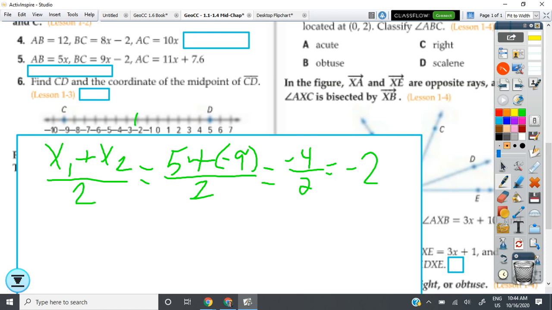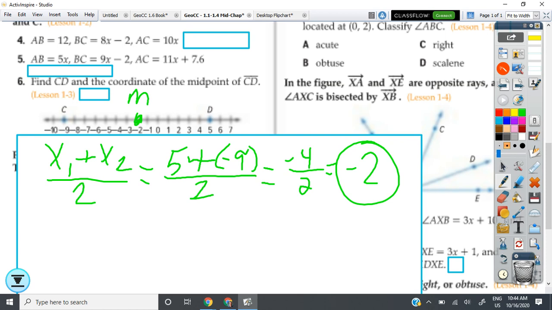And then if I put my point at -2, does that look like it's in the middle? Yeah, it looks like it's right. That would be your check.